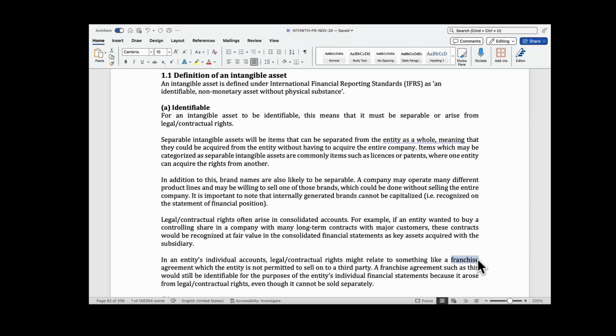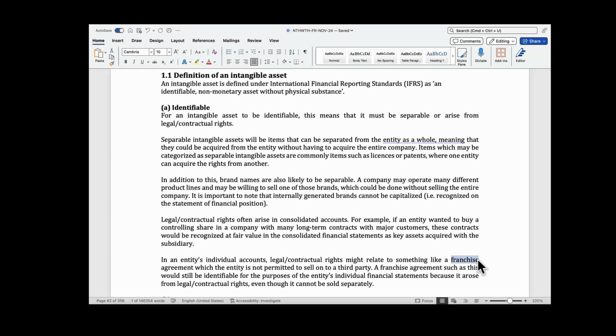Then we'll sign an agreement, and they will say, okay, go ahead and use our name. So for me, it is not my brand name. For me, I have a franchise. It is an intangible asset to me because it is arising from legal or contractual rights.